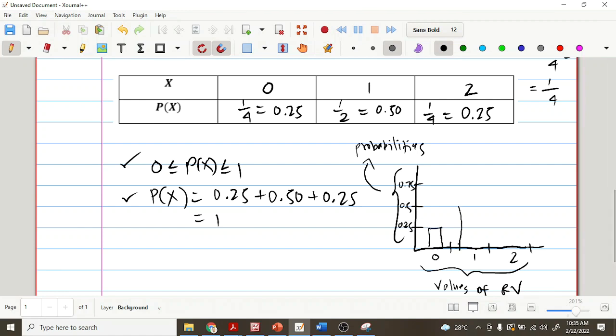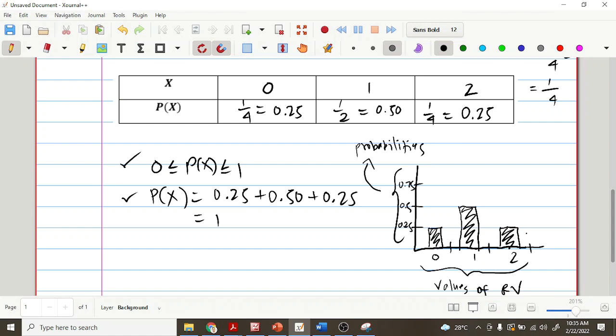Kay 1, ang probability niya ay 0.5, at yung 2 ay 0.25 ulit. So we just shade our bars, and then that's it. That is our histogram for our probability distribution for our first example.